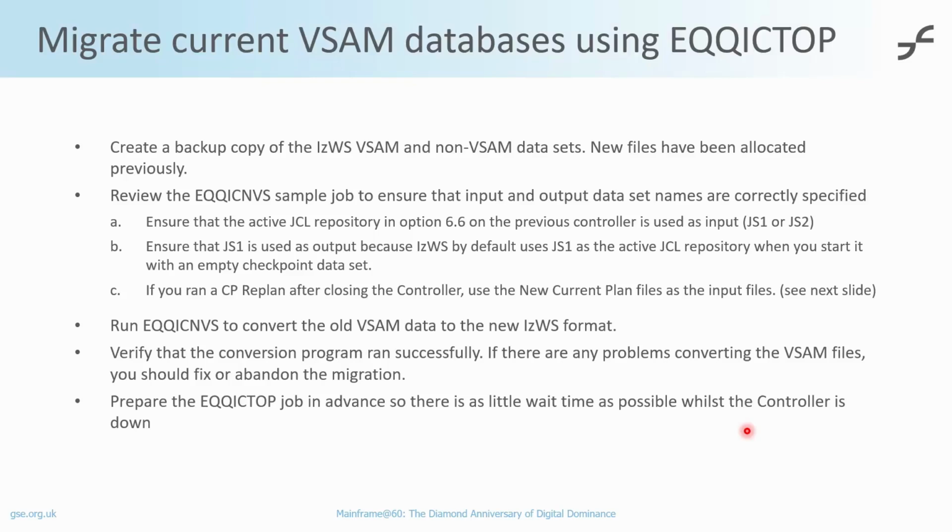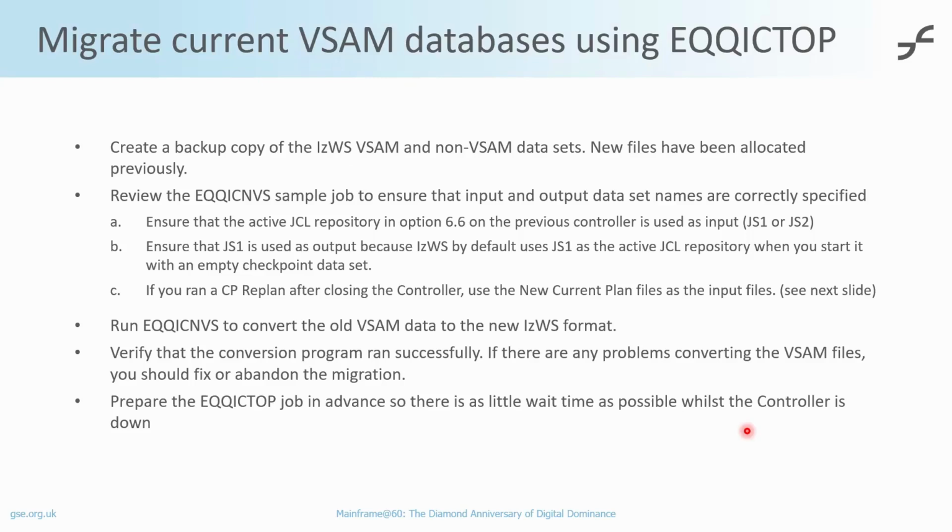Ensure that JS1 is used as output, because IzWS by default uses JS1 as the active JCL repository when you start with an empty checkpoint dataset. We will see this in a moment. And then if you think of running a replan after closing the controller, we'll see in the next slide what we need to use as input files for the new kernel plan.